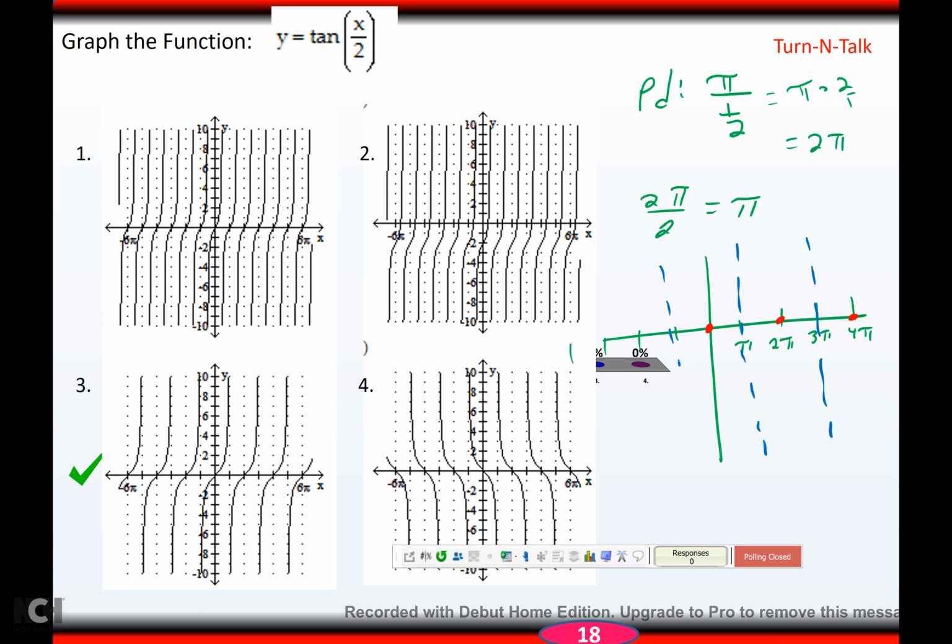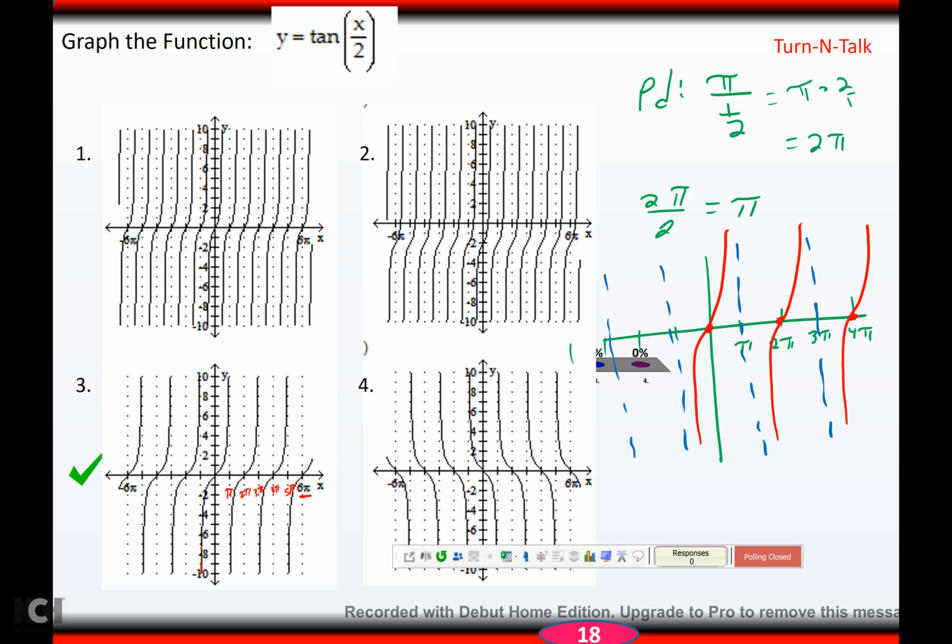So I'm going to go back to red, and we're going to rise to the right, rise to the right, rise to the right. So I'm looking at a graph that goes through 0, 2 pi, and 4 pi. And if you look at the scale, this is going out to 6 pi, so this would be 1 pi, 2 pi, 3 pi, 4 pi, 5 pi.